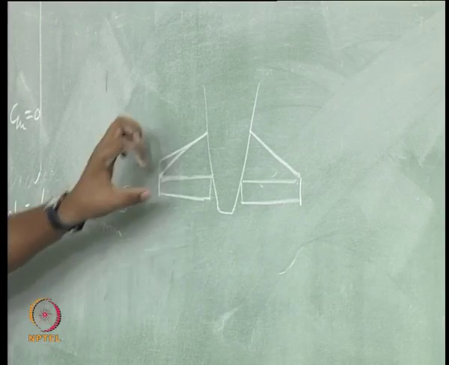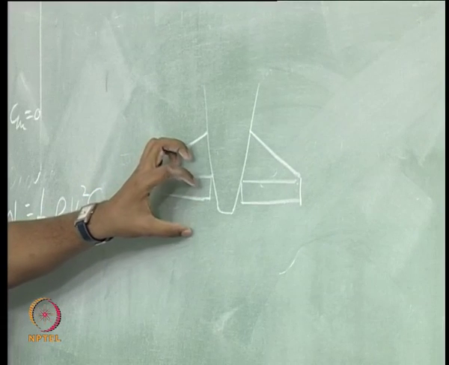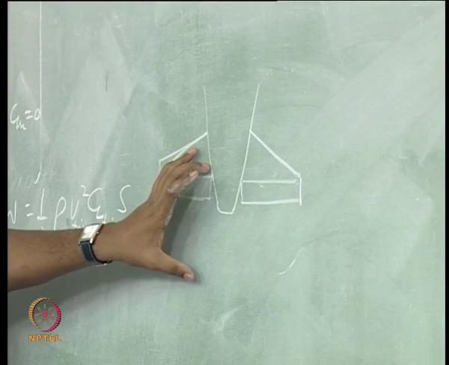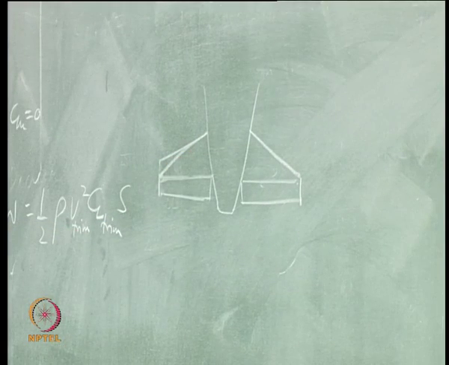So, there is a surface, or there is a flap at the trailing edge of the horizontal tail, right, which is called elevator.